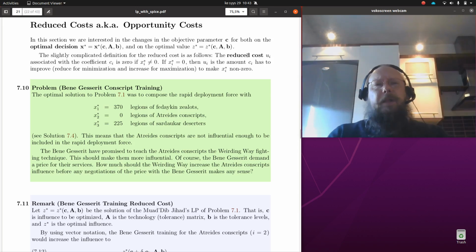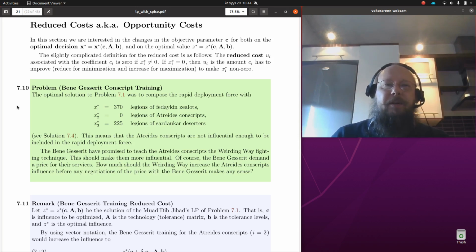Okay, but then let's see what we can do with it. This is problem 7.10. This is, again, I would say the key problem for us to understand what reduced costs are all about. If you understand what's going on here, then I expect that you understand what reduced costs are, and if not, then maybe not.